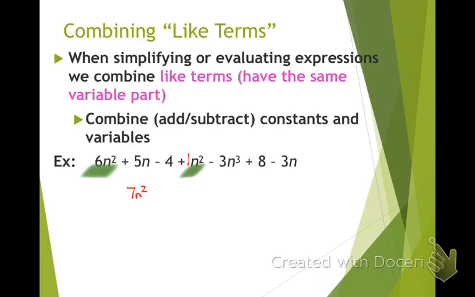I'm just going to go down the line, okay, until I don't have anything like it. I have a 5n. Do I have any other n's, just a straight n, not n squared, not n to the third, not n to the 17th? I have 5n, and then I have negative 3n. So what's 5 minus 3? 2n. So I have a plus 2n.